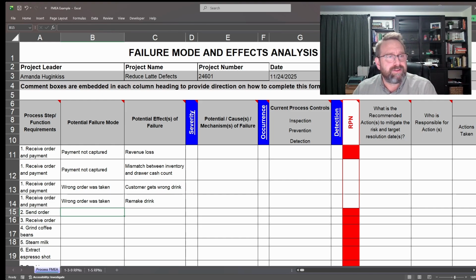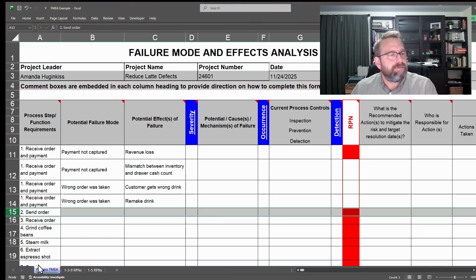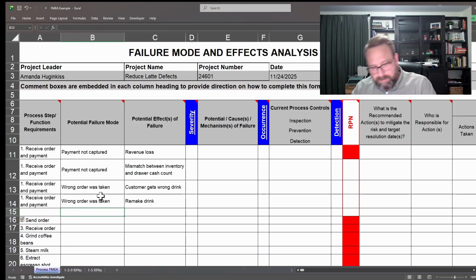So we'll probably include that with wrong order. You could have a duplicate order. And another thing that could have happened is that maybe the customer wasn't acknowledged or treated well or recognized. So, customer service with a smile. So failure mode might be that the customer was treated poorly. I think maybe we'll include that one. I like that one.